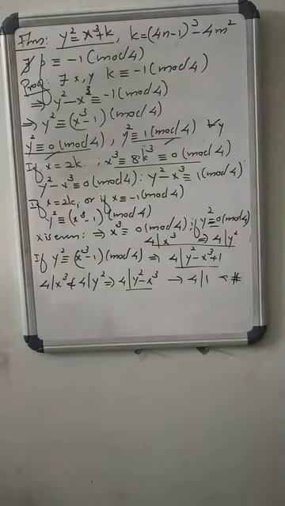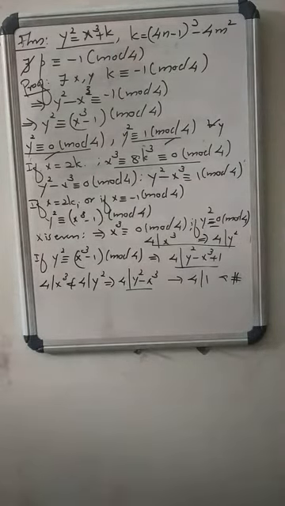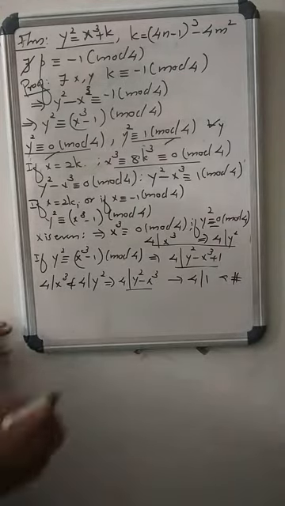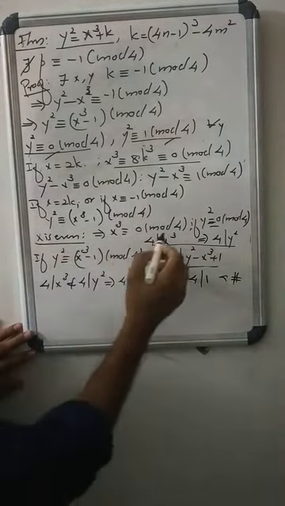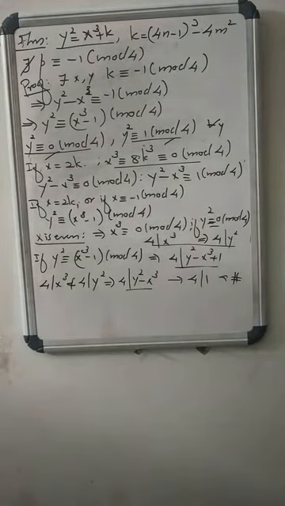That's a contradiction. Hence it is impossible. So if y square is congruent to x cube minus 1 mod 4, then we have a contradiction. Agreed? So when x is even and y square is congruent to 0 mod 4, the case is impossible.